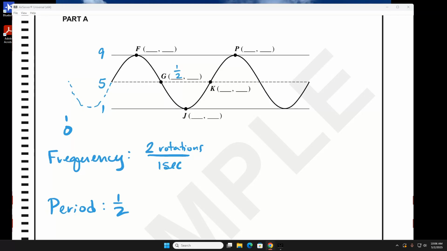Okay. And then even though I don't need these points, there are critical points there. We don't need to find the ordered pair, but I need to find at least the horizontal distance. And so these are all evenly spaced. So halfway between 0 and 1/2 would be this one right here.